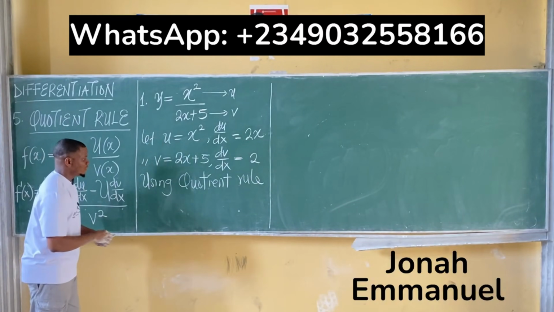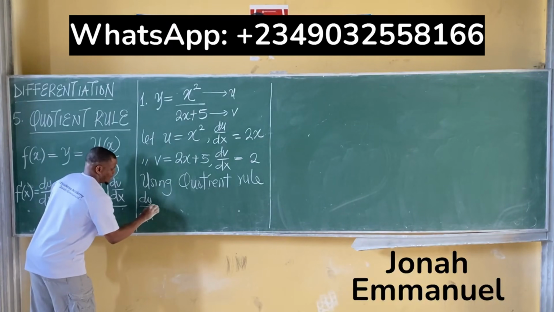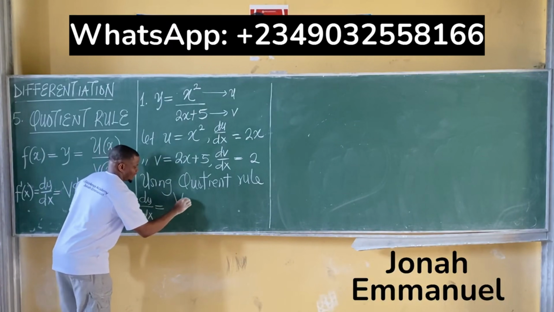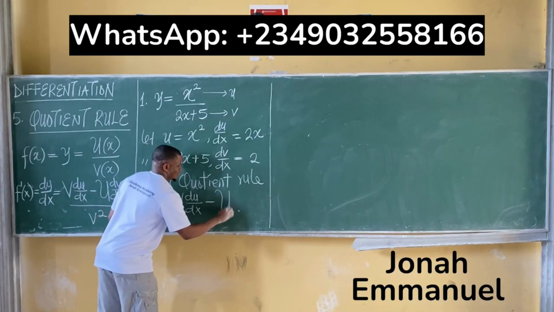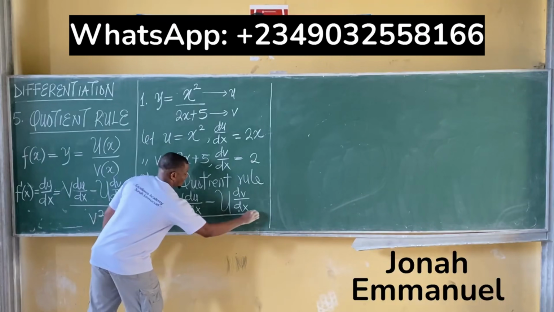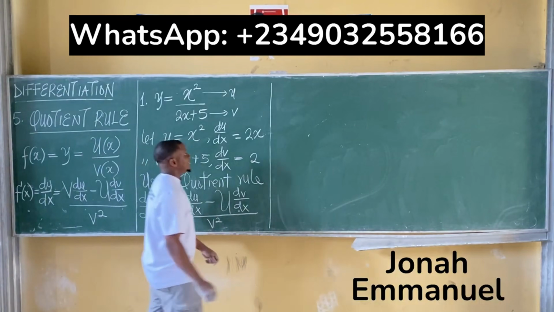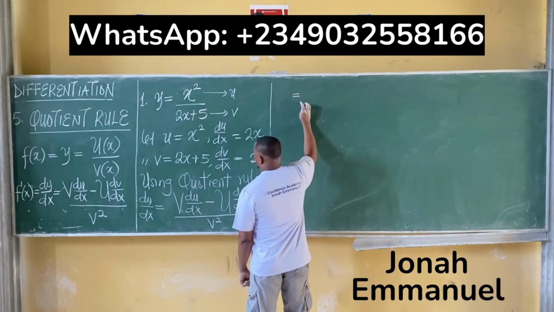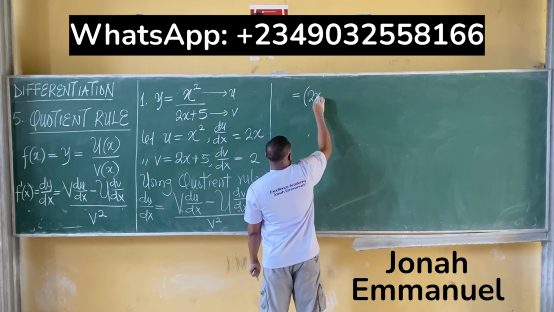Using quotient rule, have that dy dx is equal to what there? V du dx minus u dv dx all over v squared. Put in values, please. That's equal to v. What's v? 2x plus 5.